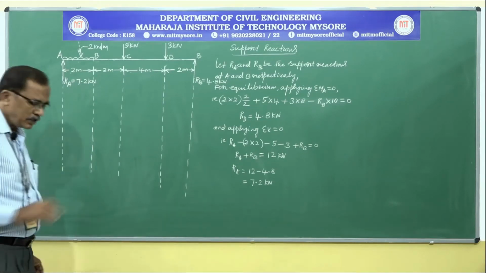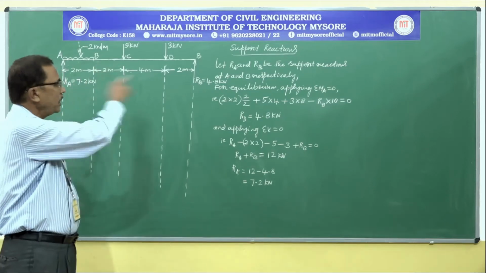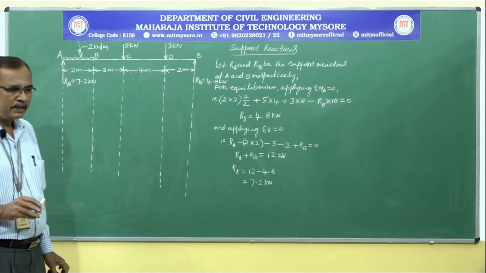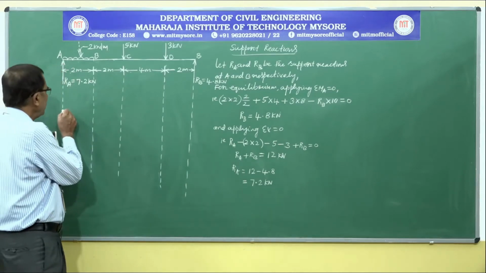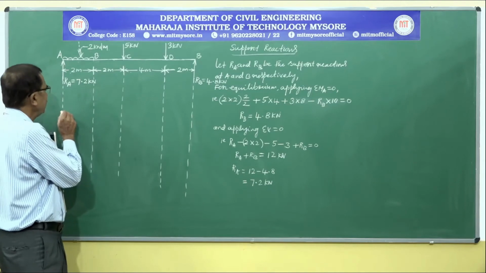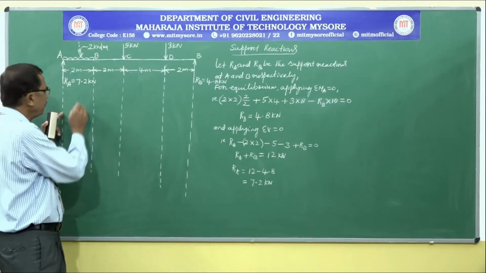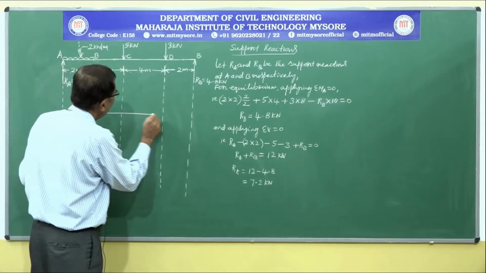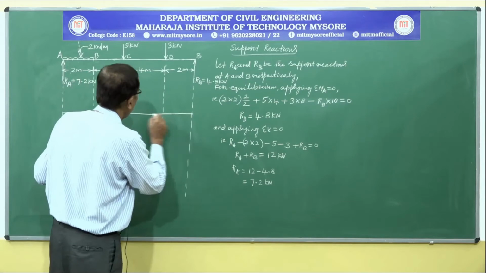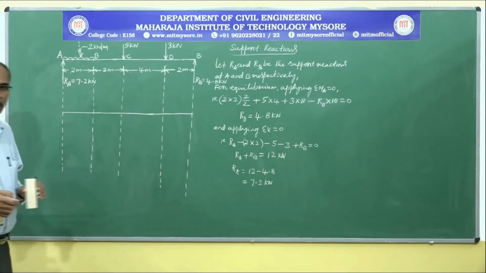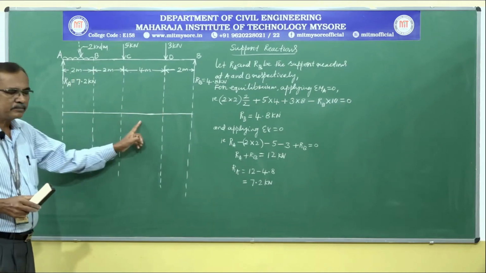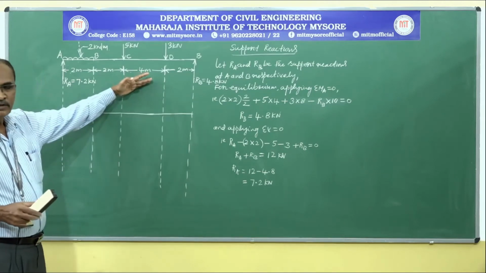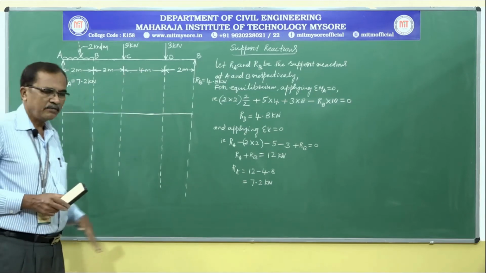We can easily draw the shear force diagram with this completed loading diagram. For that, let us draw the shear force reference line by leaving sufficient space above the reference line. On the reference line, the magnitude is 0. Above the reference line, magnitudes are positive, and below the reference line, values are negative.